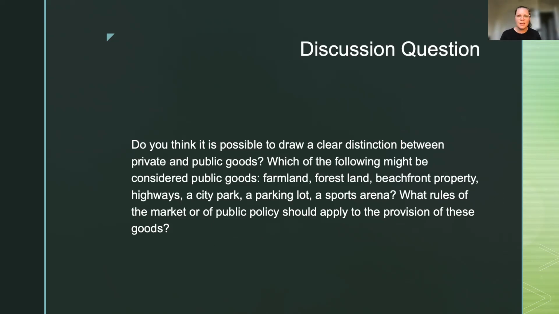Which of these things are public and which of these things are private? What rules of the market or public policy should apply to providing the efficient amount of these goods? Think about it, reflect on it, and bring your thoughts to our next class, where we'll talk about both common property resources and public goods.